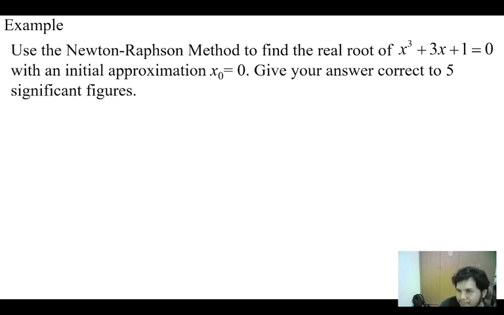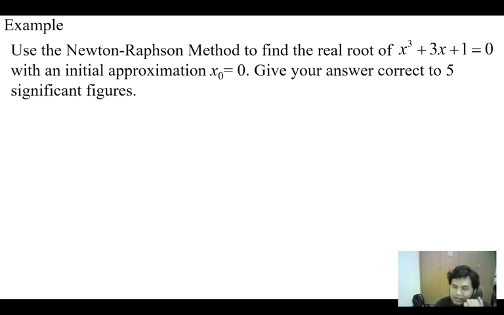For example, in this topic introduction, it says: in this example, use the iteration method to find the real roots of x cubed plus 3x plus 1 equal to 0 with initial approximation of x naught is 0, and give your answer correct to 5 significant figures.